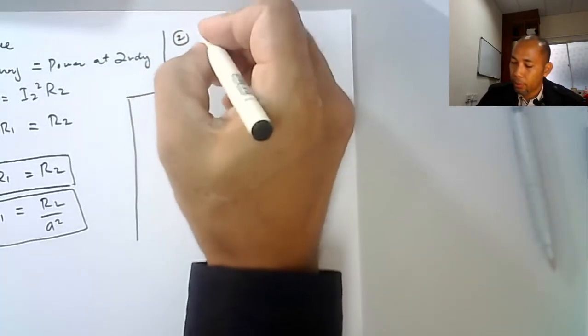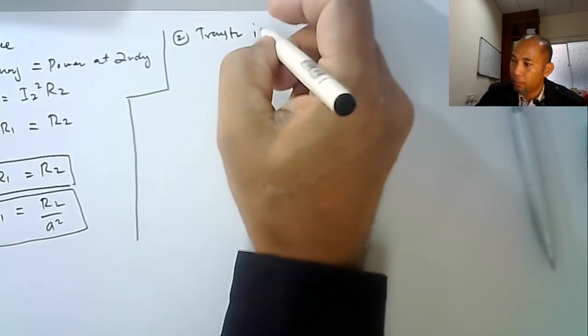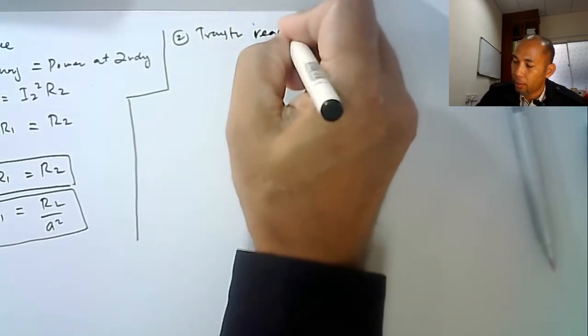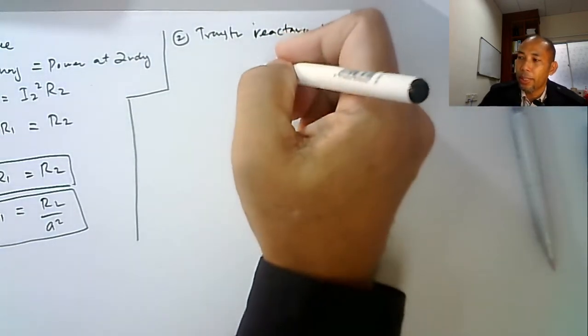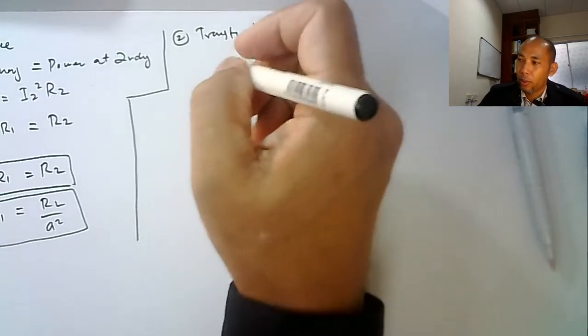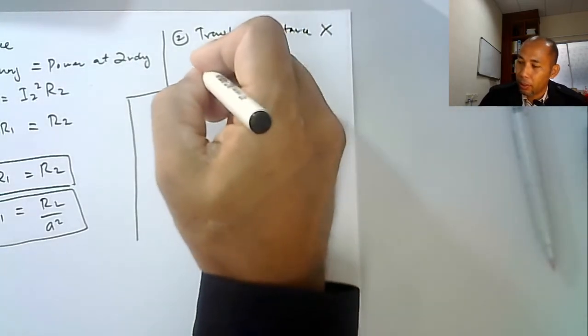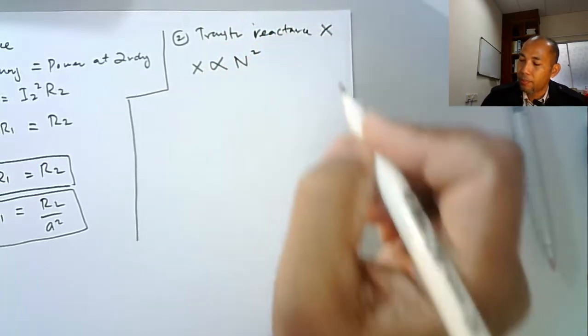Third one, we want to transfer reactance X. We know that the inductance is directly proportional to the square of the number of turns.